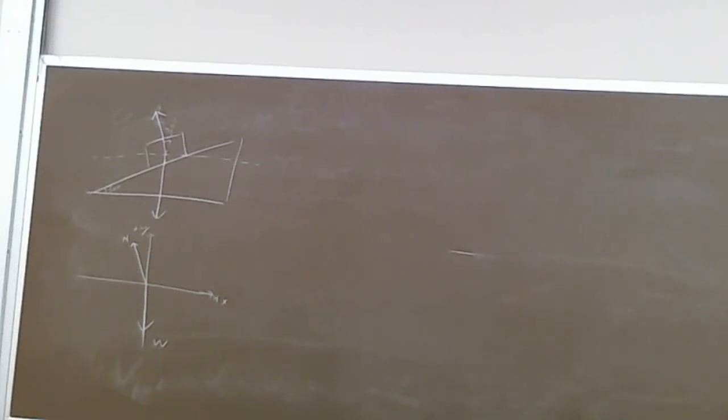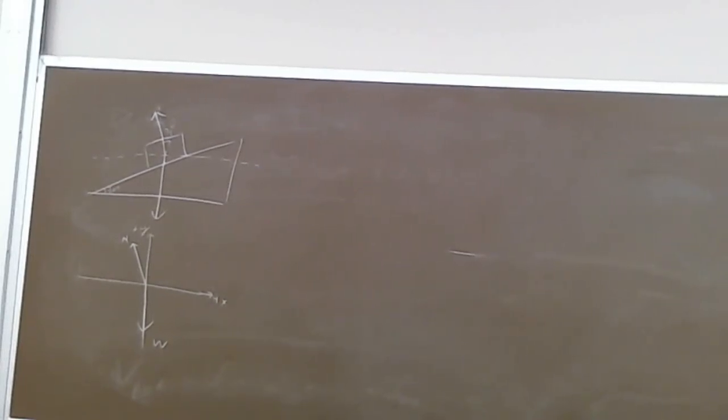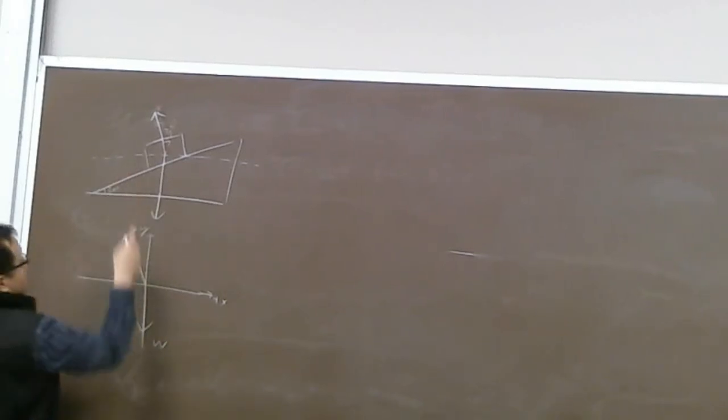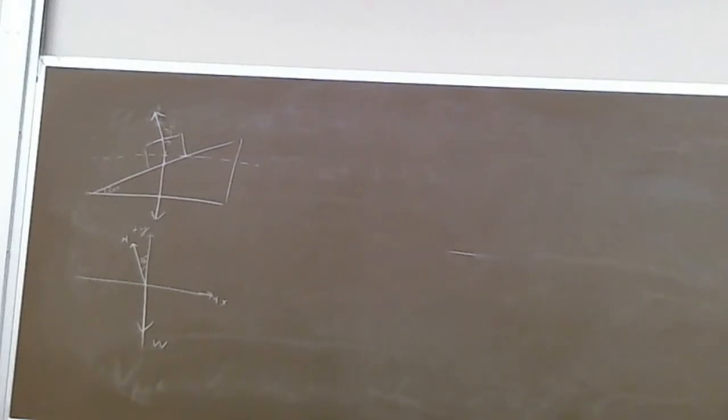In your geometry class, you have some theorems or angle relationships to find it out. Do you have any problem with that? This is 30 degrees. So if this is 30 degrees, that means this is 30 degrees in our separate graph. So it helps us to do the decomposition.